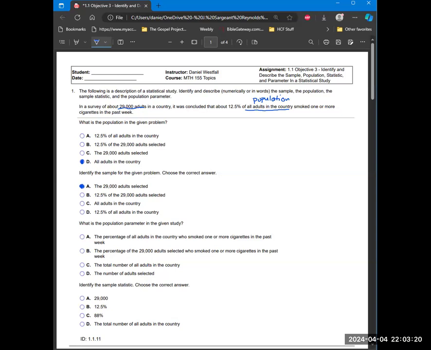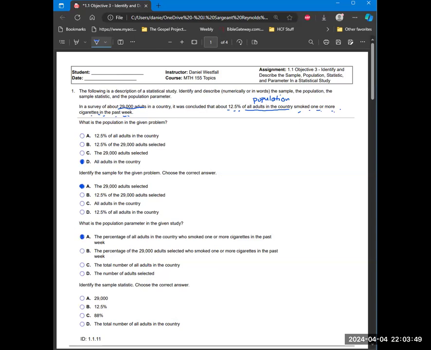And that is the percentage of all adults in the country who smoked one or more cigarettes in the past week. So this percent of all those who smoked one or more cigarettes in the past week, right here. So that is option A.